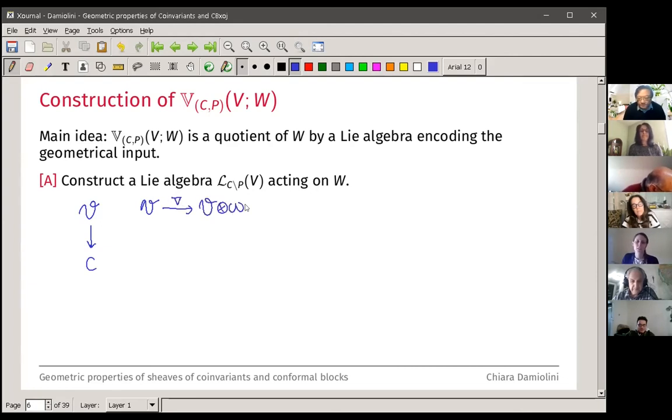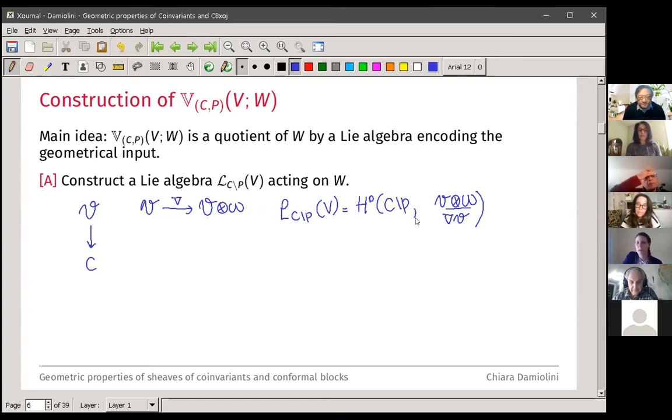And why is this important? Well, because we can construct this Lie algebra, meaning I can take the quotient, and I'll explain in a second what this looks like near the point P. So I can take the quotient of V tensor omega by nabla V, and I take the sections over C minus P. And let me remind you that, I think in one of the previous talks of Lingui, he was not considering the quotient.